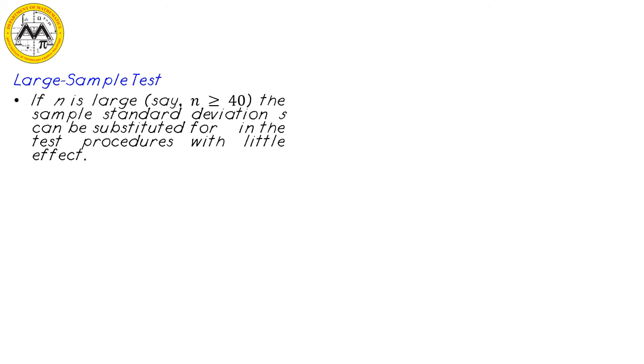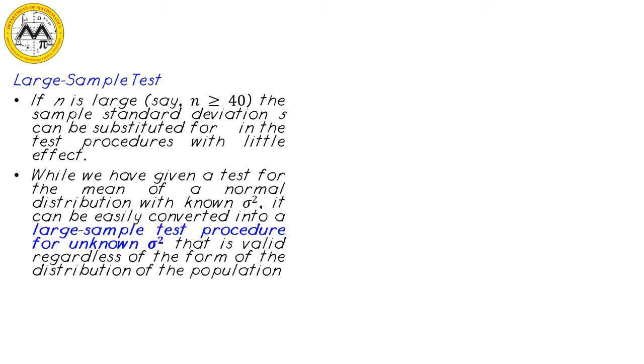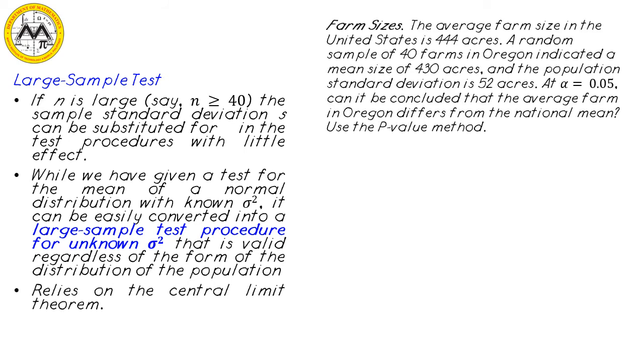For a large sample test, when n is greater than or equal to 40, we assume that sigma is equal to S. So we can still use the procedure for known variance even if the variance is unknown. The average farm size in the United States is 444 acres.